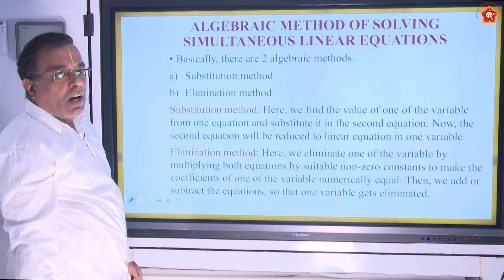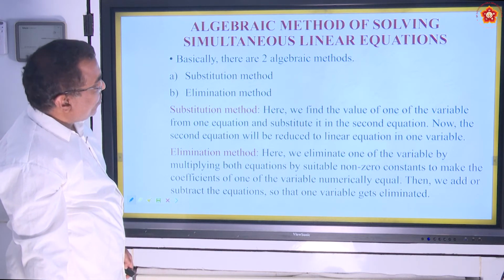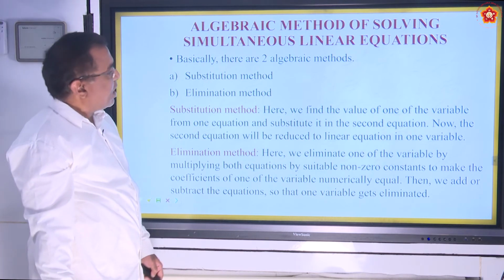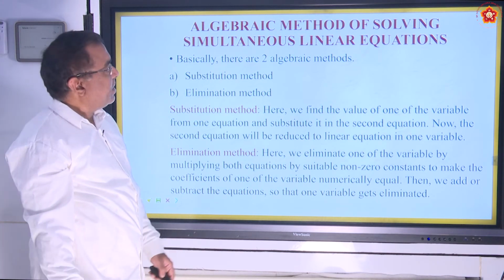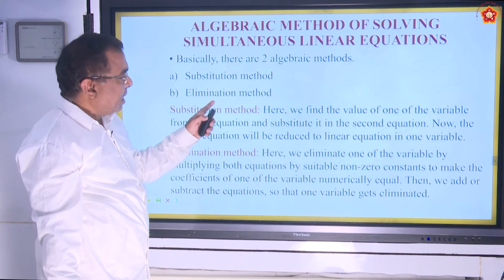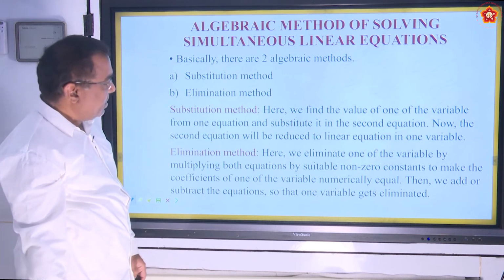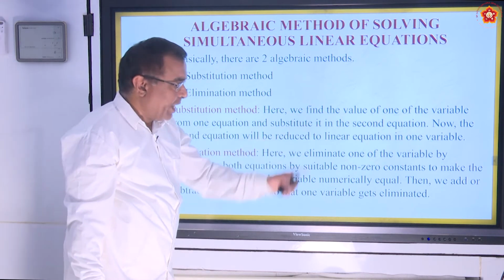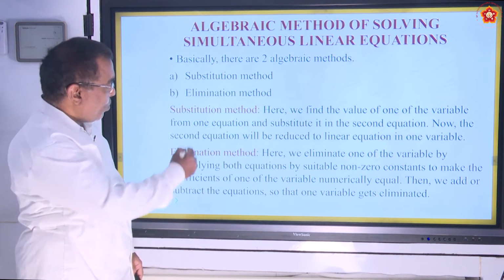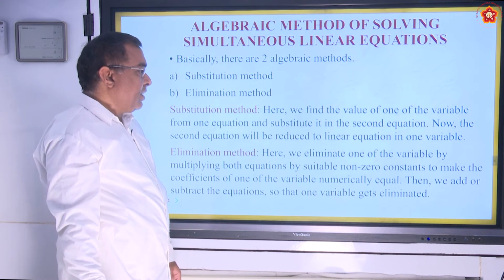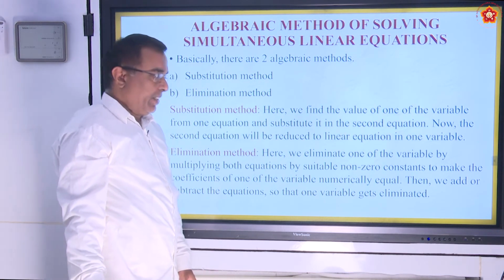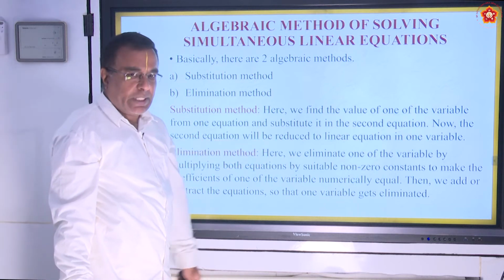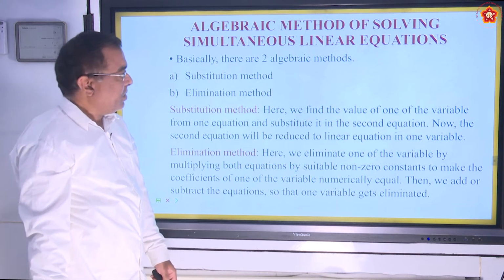Next, we shall discuss the algebraic method of solving simultaneous linear equations. There are basically two methods: the substitution method and the elimination method. In the substitution method, we find the value of one of the variables from one equation and substitute it in the second equation. Now the second equation is reduced to a linear equation in one variable.